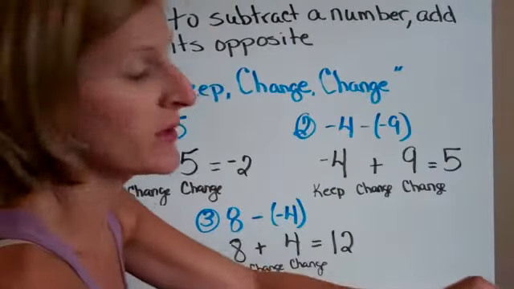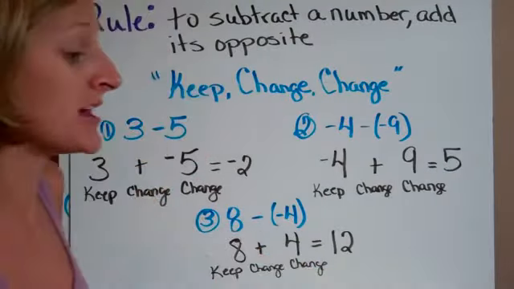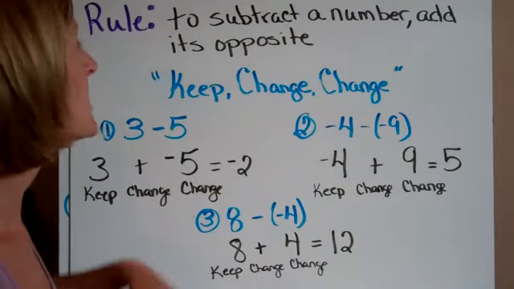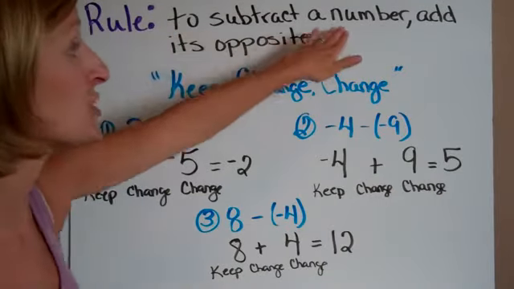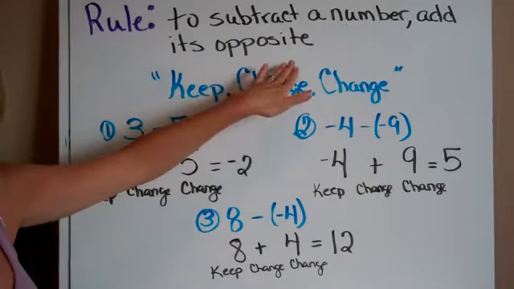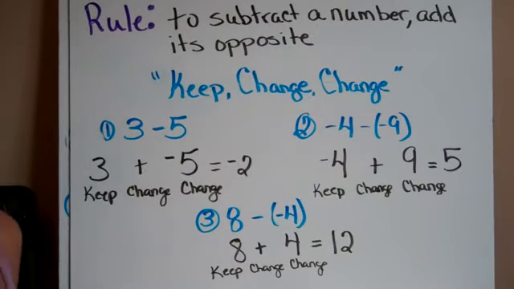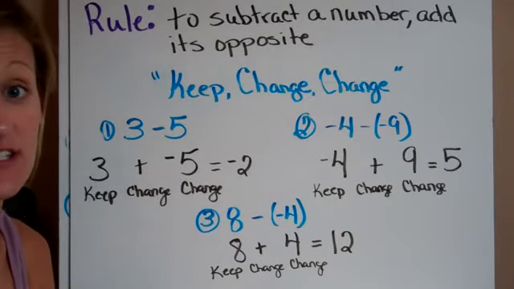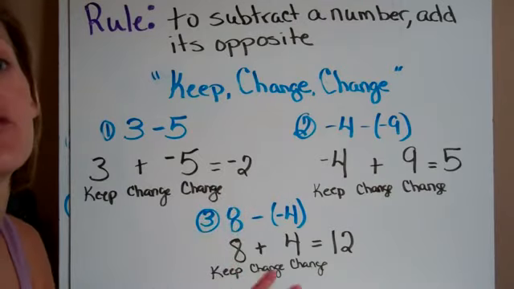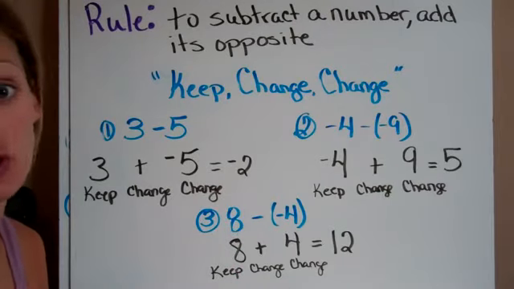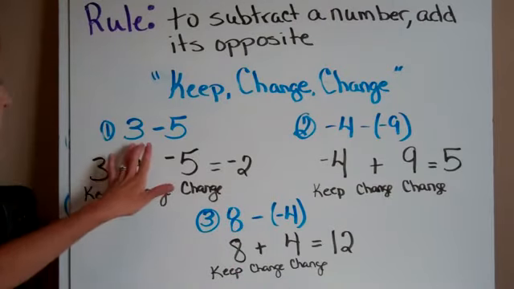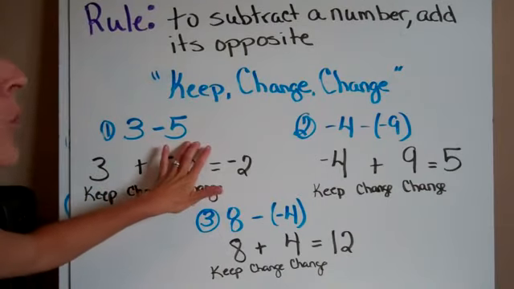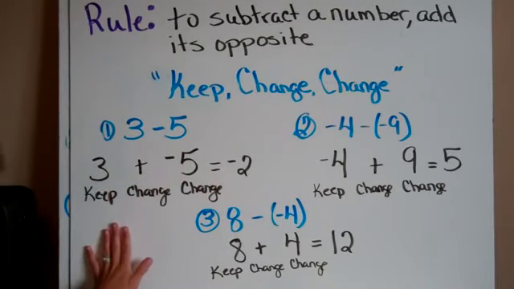Now, a rule when subtracting real numbers is that to subtract a number, we add its opposite. This is where keep, change, change, or keep, flip, change comes into place. Sometimes you'll hear that. So if I have 3 minus 5, I'm going to keep my 3.